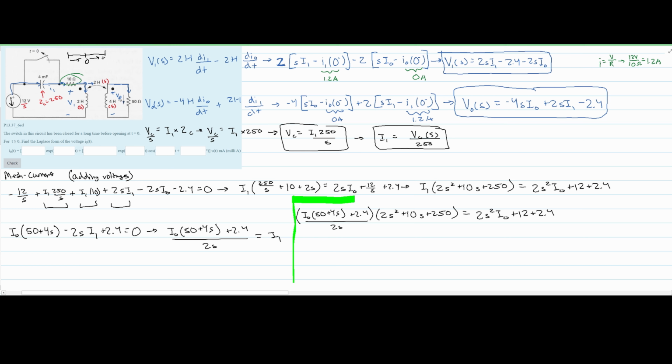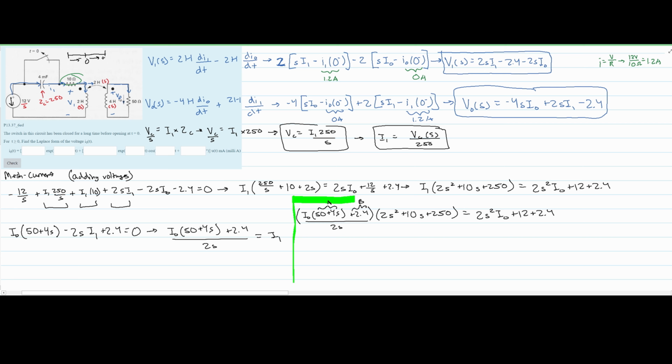So from here we need to do some math. We're going to multiply both sides by this 2S, and then after we do that, we could factor this. We can say that this is our A, and this is our B, and then we could factor A and B over this, and do the same for B. So let's do this one at a time, or we can do them both together, because it's quite simple.